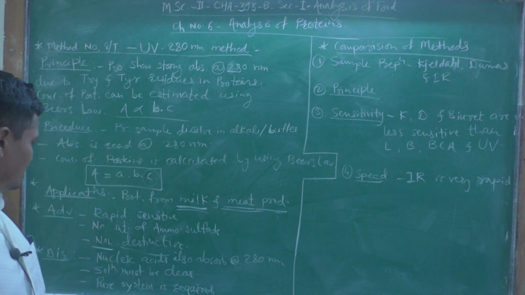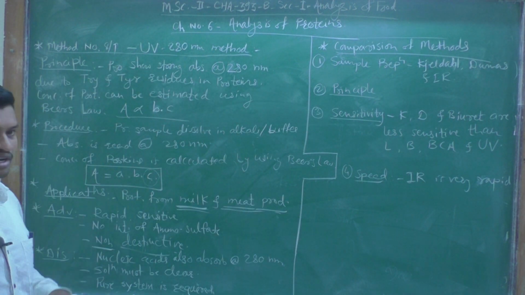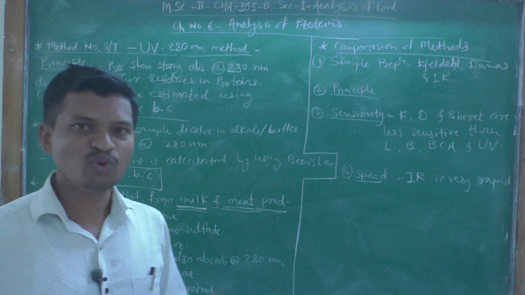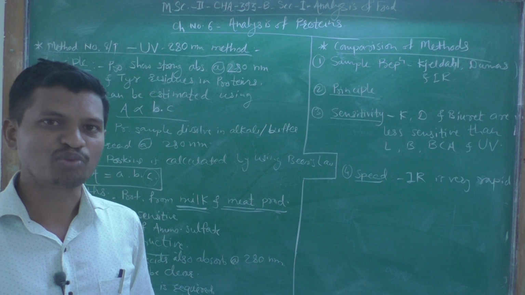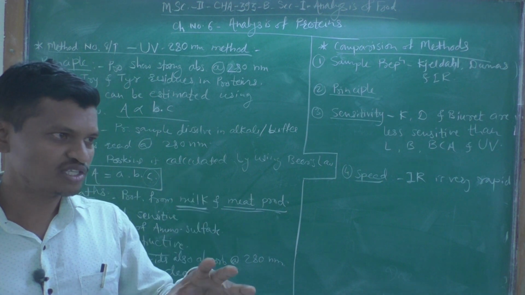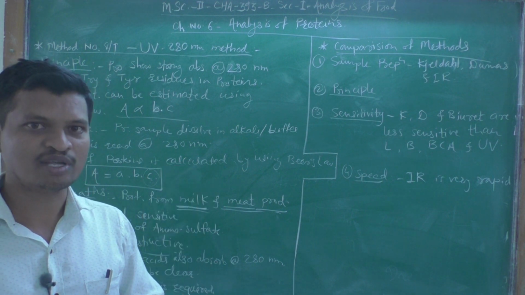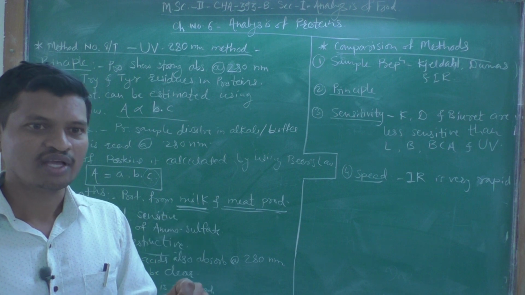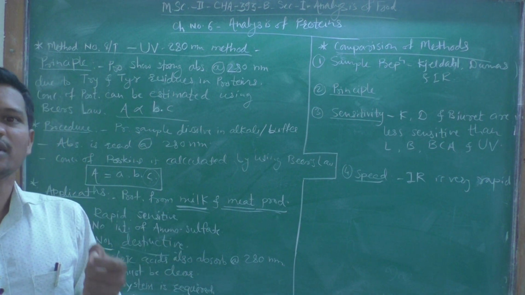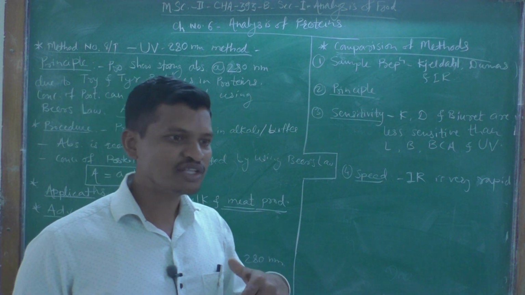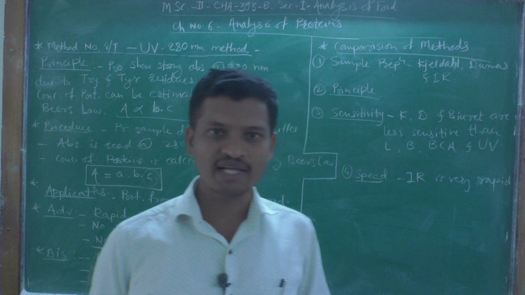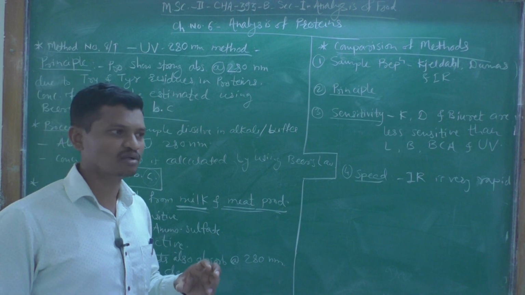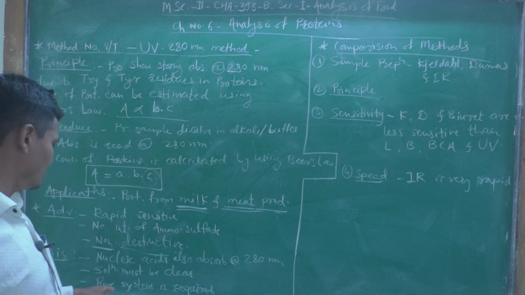Then the next is that the solution must be clear. As we are using a spectrophotometer here for the determination of protein by focusing the UV light on that sample holder, any impurities present in the sample may change the concentration or the absorbance value. Hence in this case the solution must be clear.